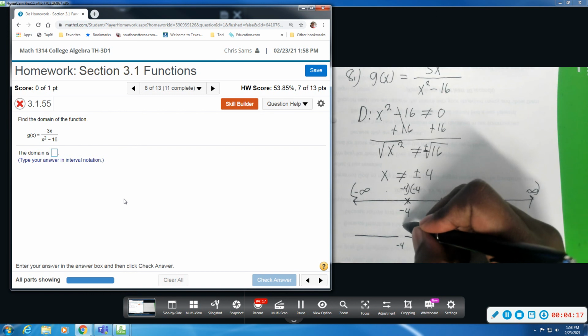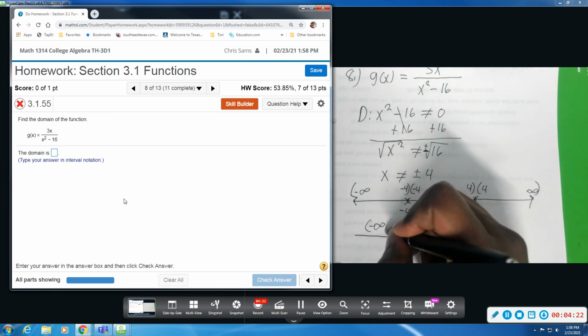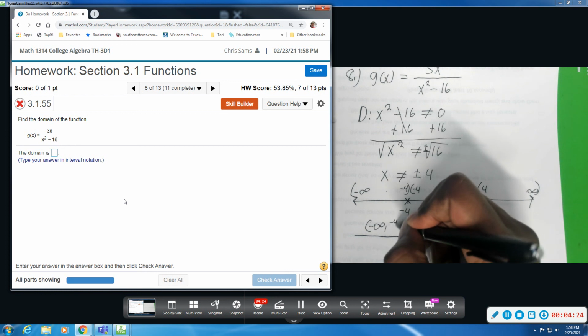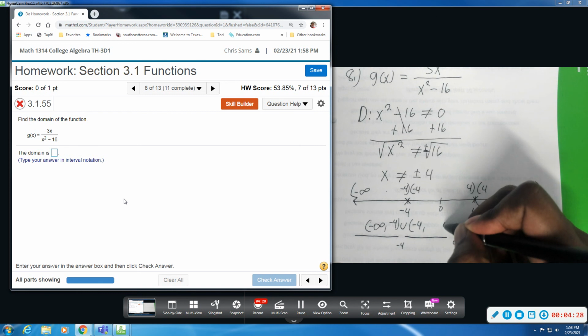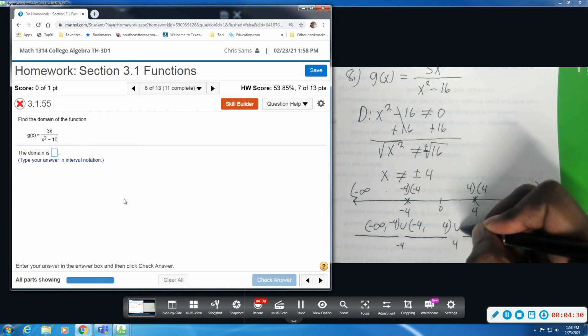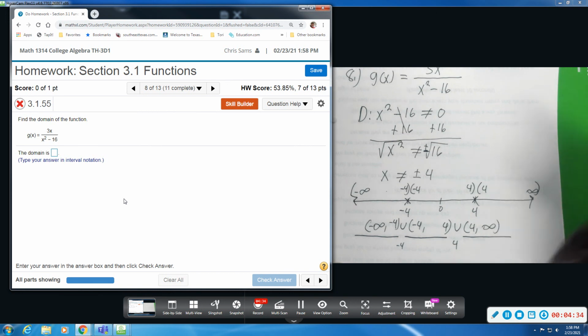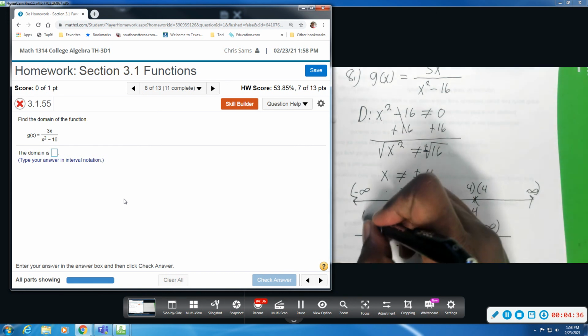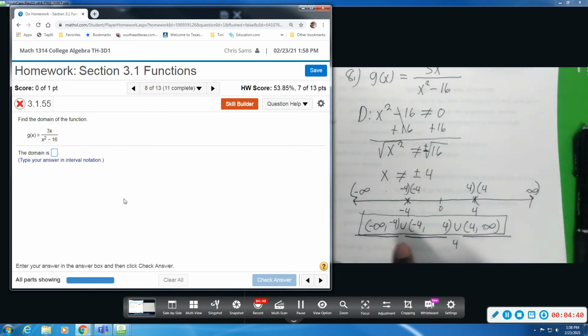And you connect those with unions. So you have negative infinity, as close as you can to negative 4, union, other side of negative 4, as close as you can to positive 4, and then union, and then positive 4 up to positive infinity. And so this is how you would write your domain in interval notation.